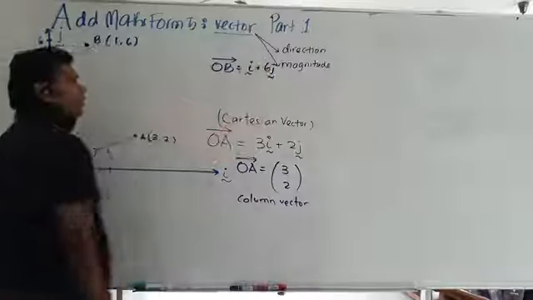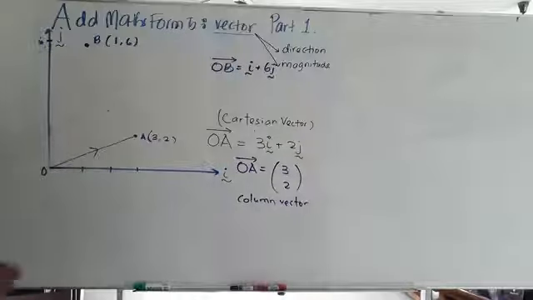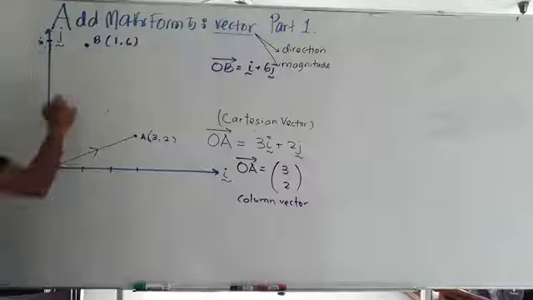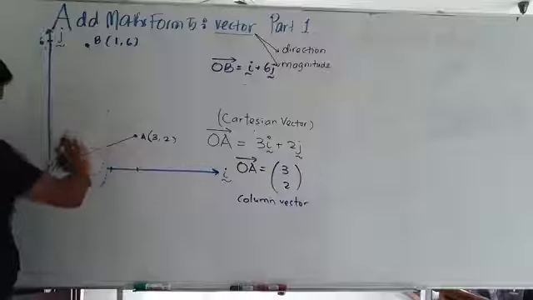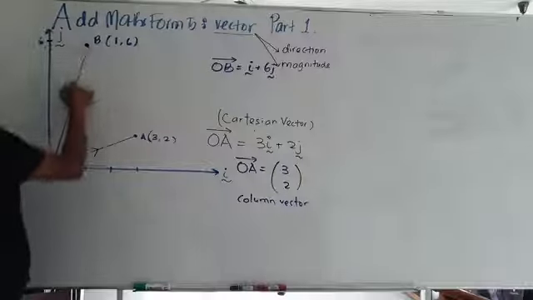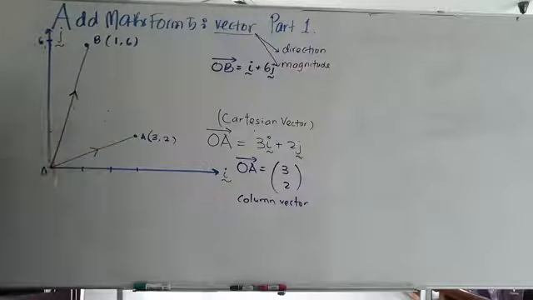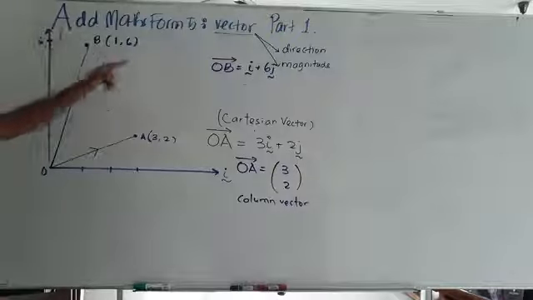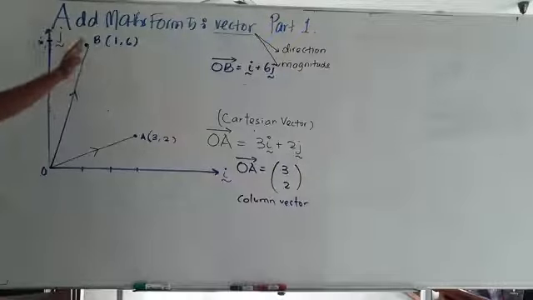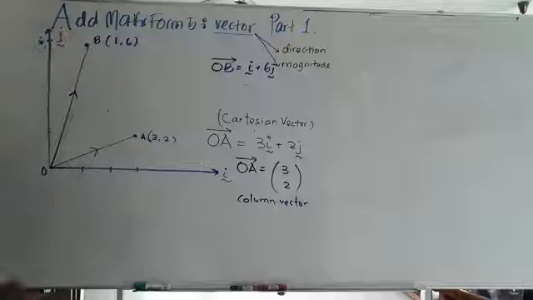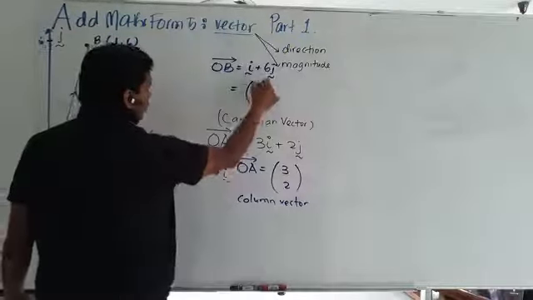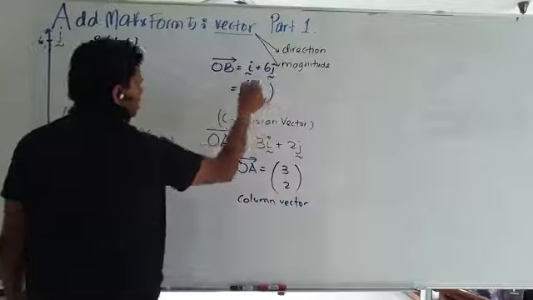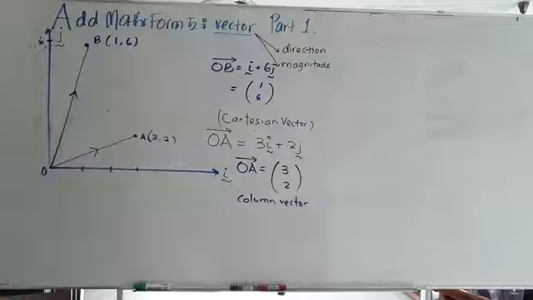Here, OB, I'm going to move to B, and it must have an arrow showing the direction. So the direction is i + 6j in this direction. Or you can also write it as OB in the column vector (1, 6). So what you have learned is two ways of writing or showing a vector.